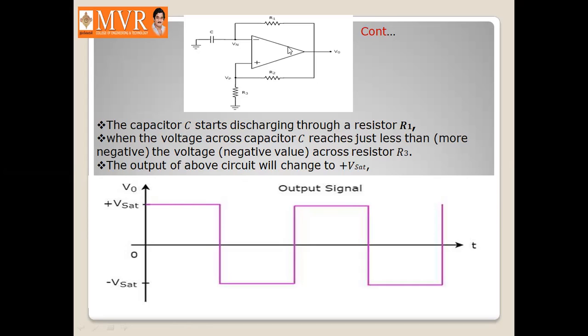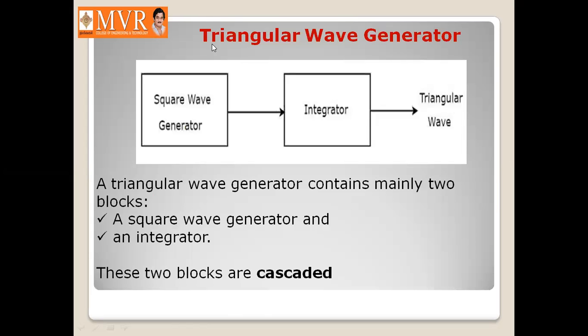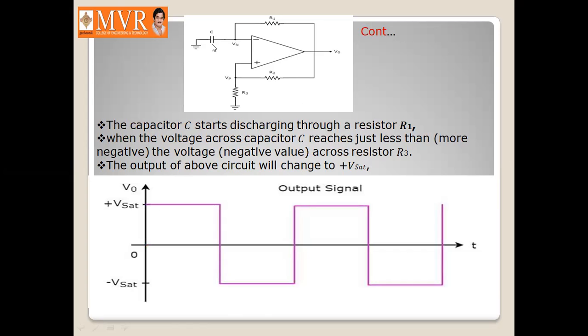So if we change the value of this capacitor and resistor, we can change the time period of this square wave. This time period is going to depend upon this resistor and capacitor value. So this is how my op amp is going to produce a square wave.